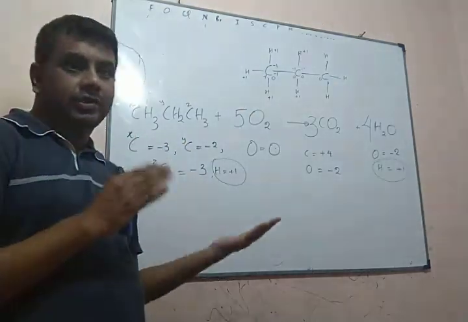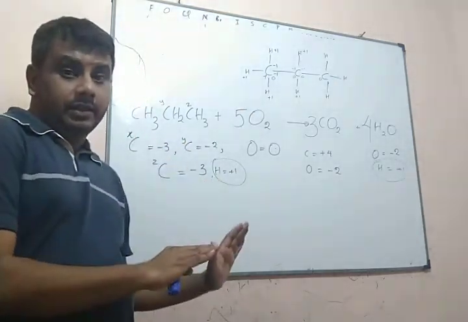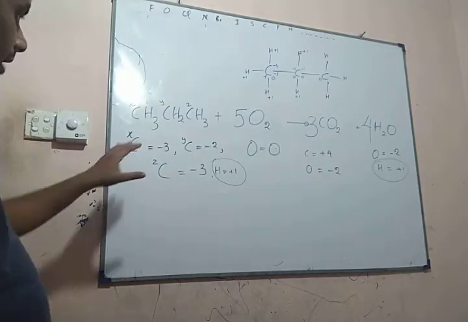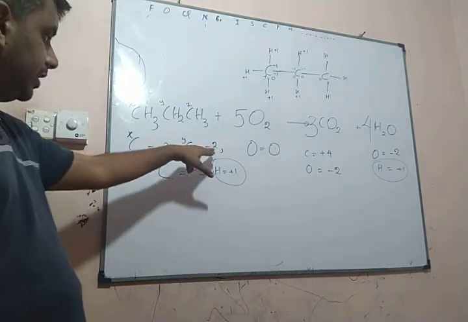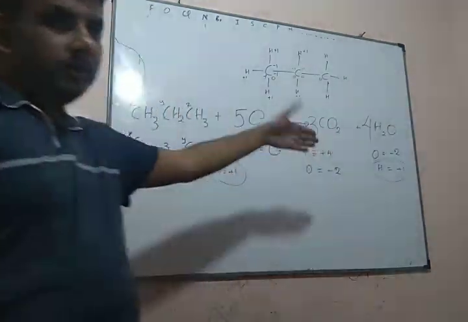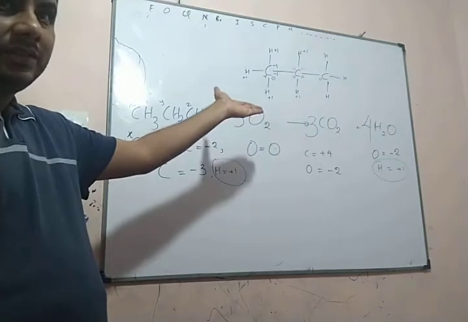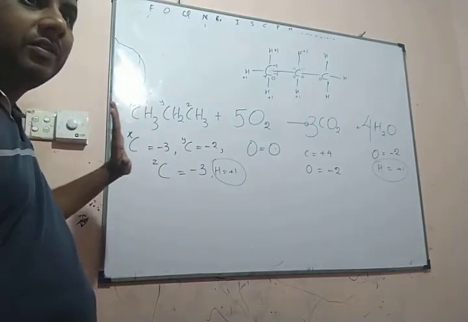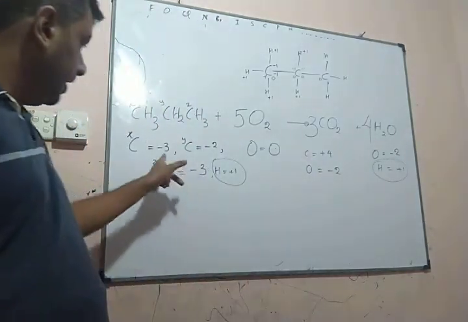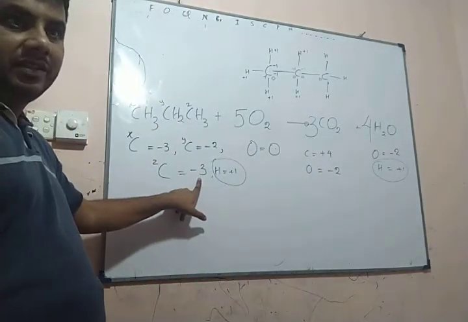So hydrogen has no role in electron transfer, right? Okay. So carbon -3, -2, -3. Here +4. So no doubt the oxidation state of carbon has increased. Why? -3, -2, -3.